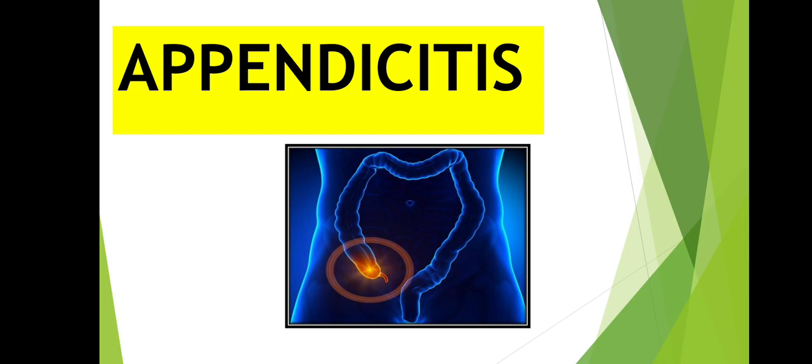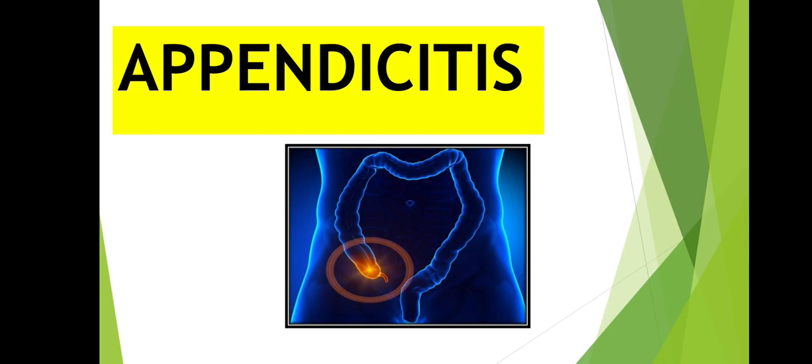So what is appendicitis? In this word, there is the appendix and the itis. Itis means inflammation. Appendix is an immune organ. It's part of the GIT.